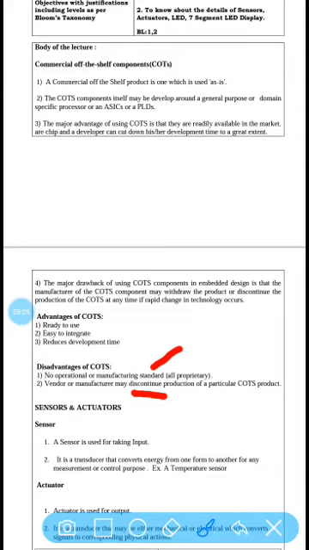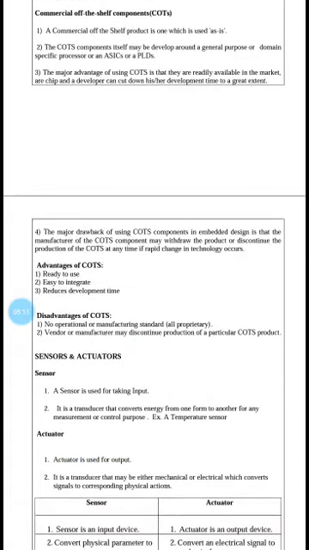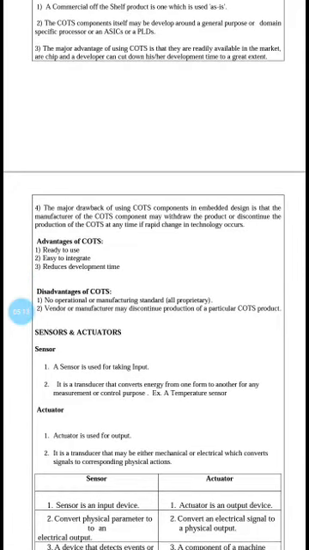Next we will see the meaning of sensors as well as actuators. First we will start with sensors. If you have been working in any organization, whenever you enter you will have a biometric device. That biometric contains a sensor, which takes your thumb as an input.